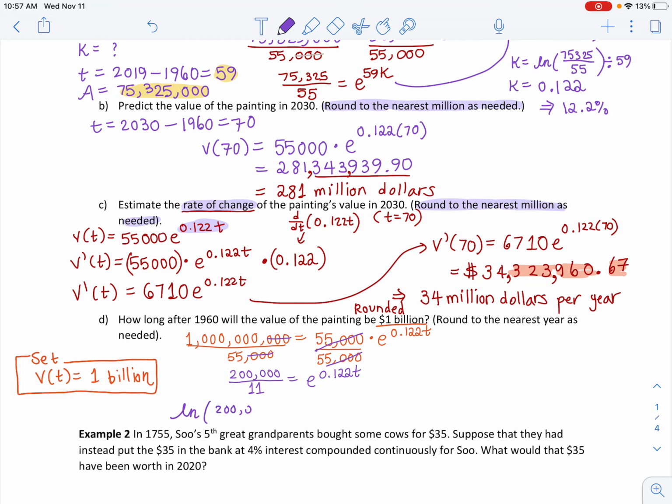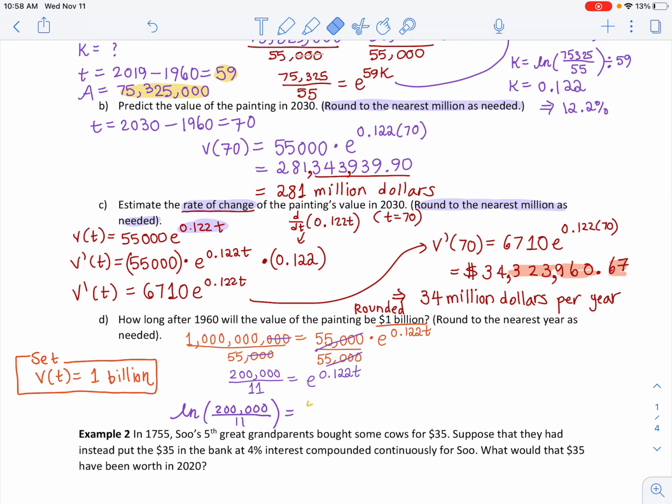Natural log of 200,000 over 11 equals natural log of e raised to the 0.122t. If you're wondering where I got this fraction from, I just reduced that big fraction. What will happen over here, guys? This exponent will come in front of this natural log expression. And natural log of e is just 1.